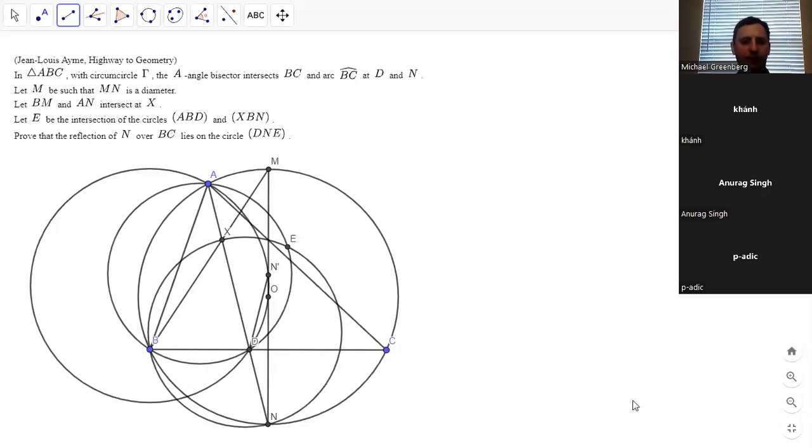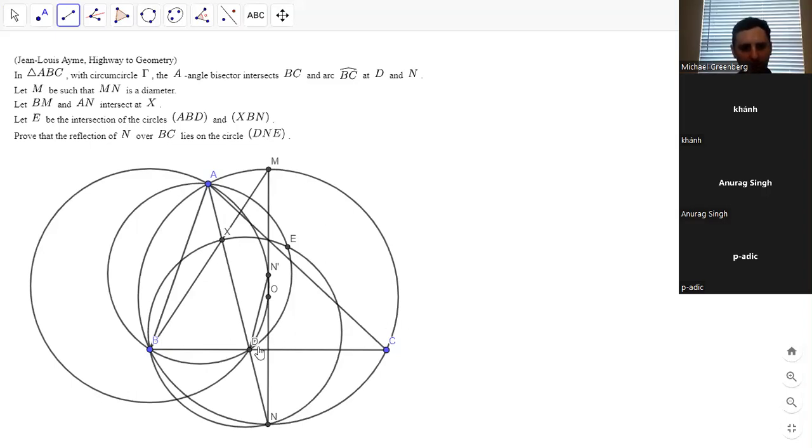So how do we calculate angle DEN? Angle DNN prime is ANM, which is ABM. We want to show that's equal to DEN prime.